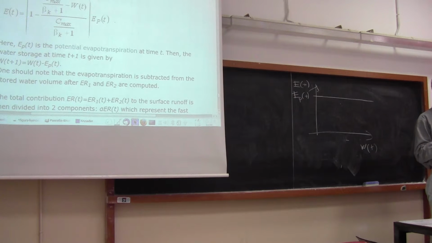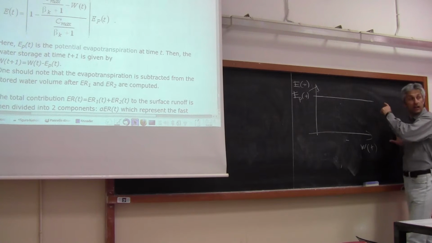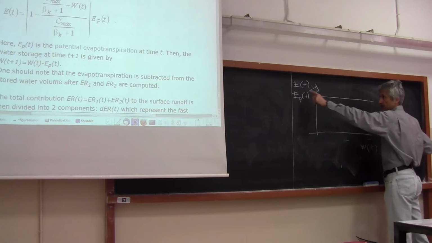We have a relationship that allows us to compute W depending on C. But let me use W because it's the total storage over the catchment, so it's more representative of the catchment conditions. Now my aim is to draw a curve that represents ET.